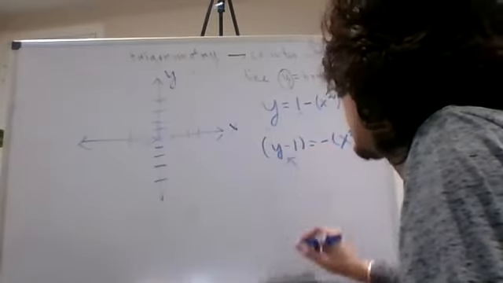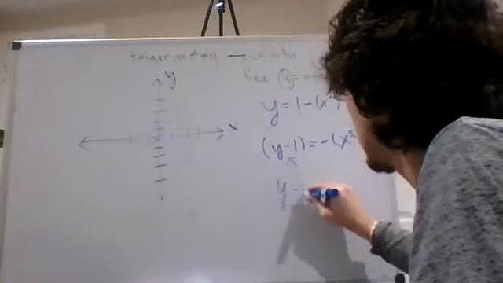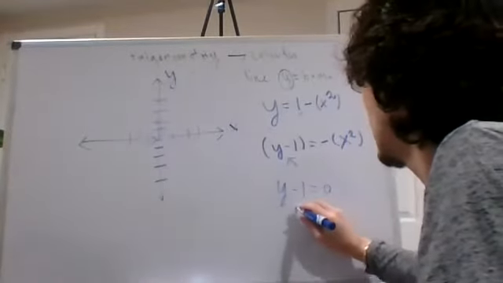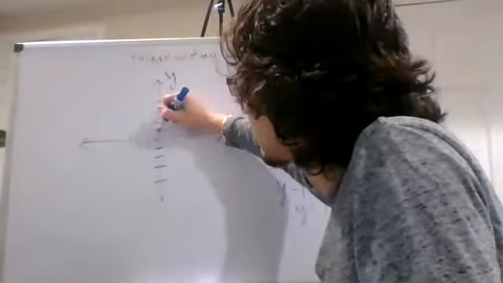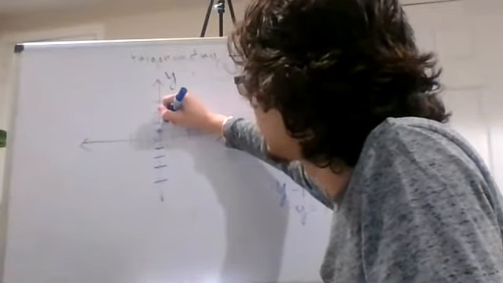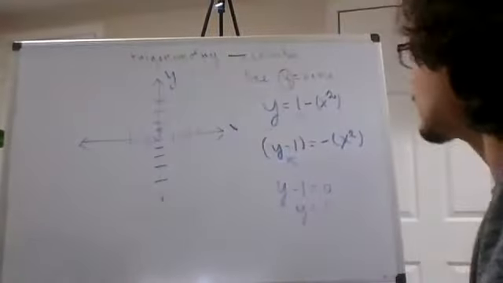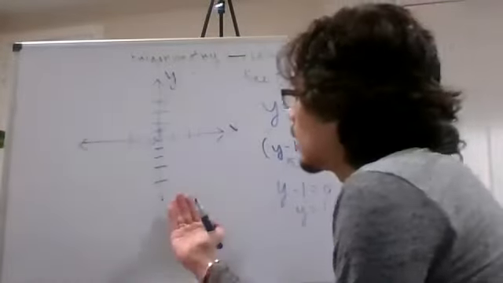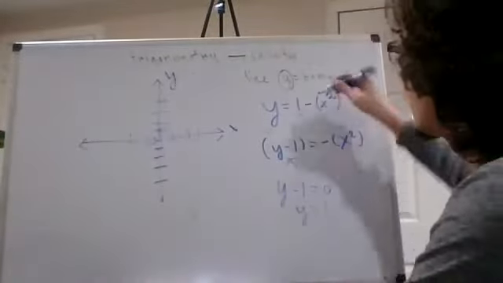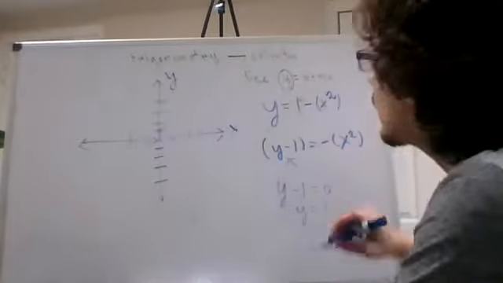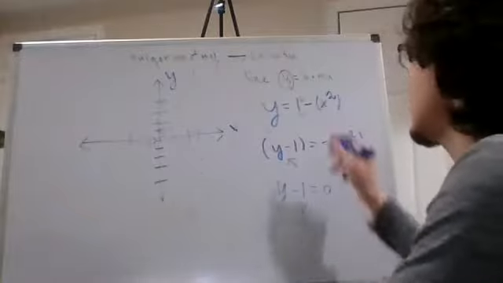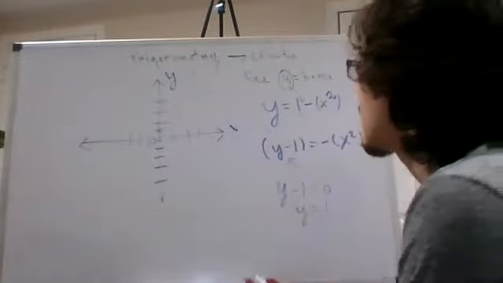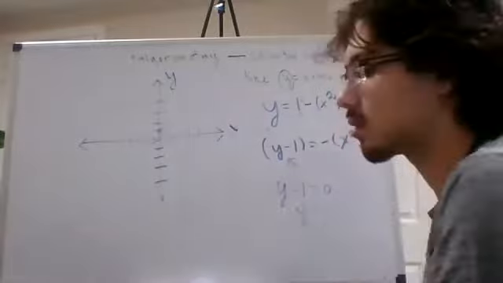And the y-intercept is y equals 1. So our y-intercept must be here. In other words, whatever the function would have been without the 1 has been moved up 1. That is the purpose of this y-intercept. It tells us about the position.